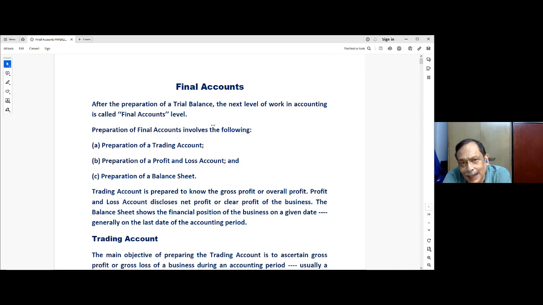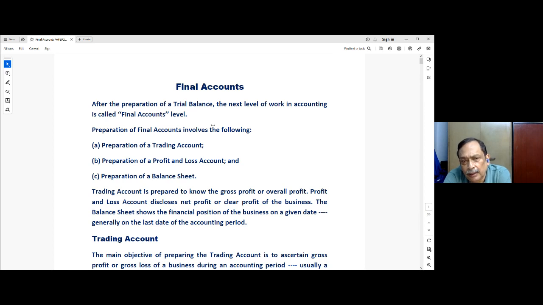If we want to prepare the final accounts, it involves, number one, preparation of a trading account. All the expenses which are direct and incomes which are direct are taken into this trading account.